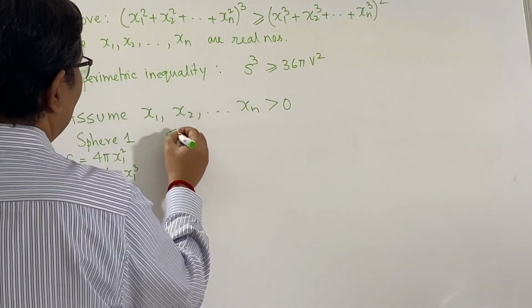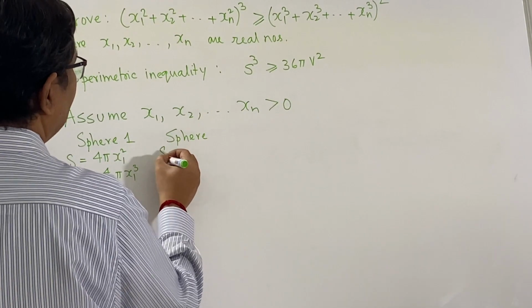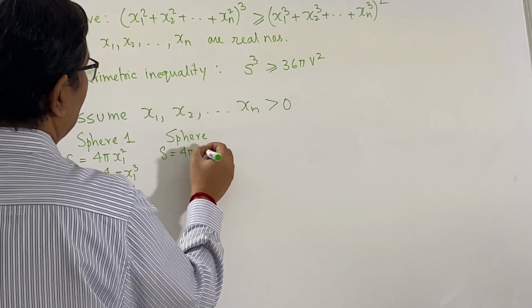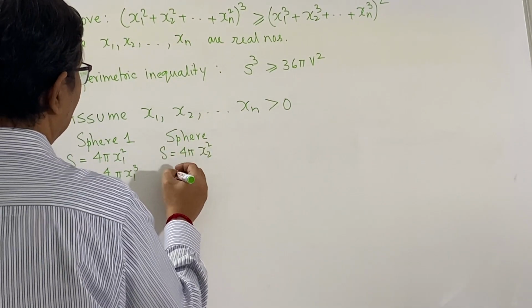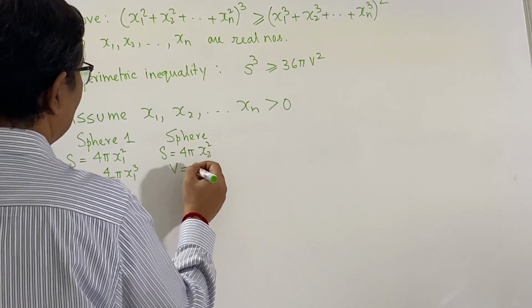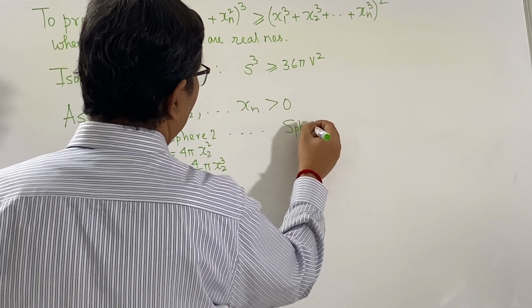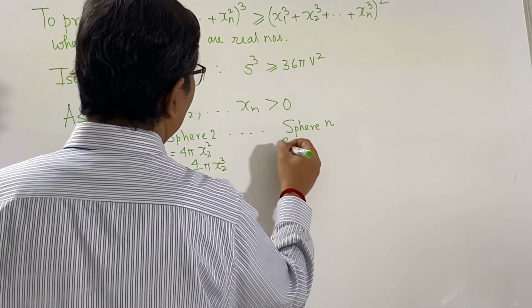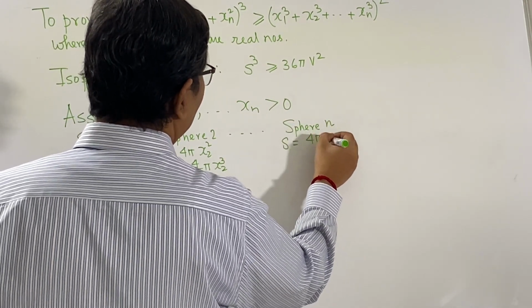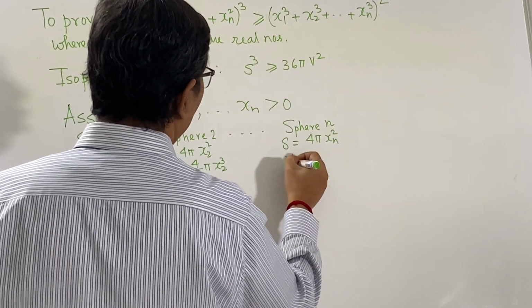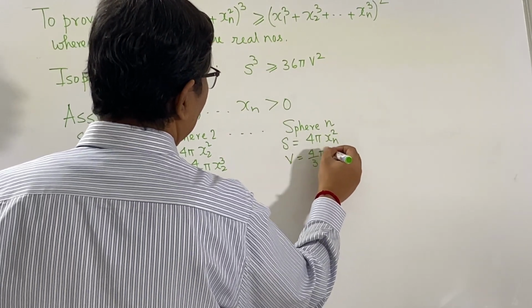For the second sphere, the surface area is 4πx2² and the volume is 4/3 πx2³, and so on up to sphere n, for which the surface area is 4πxn² and the volume is 4/3 πxn³.